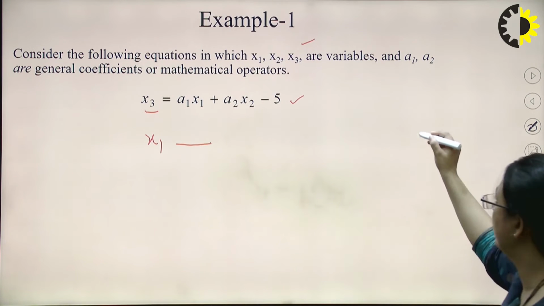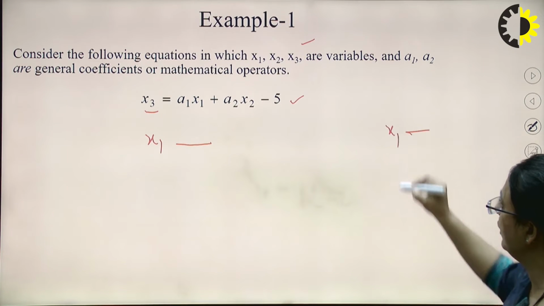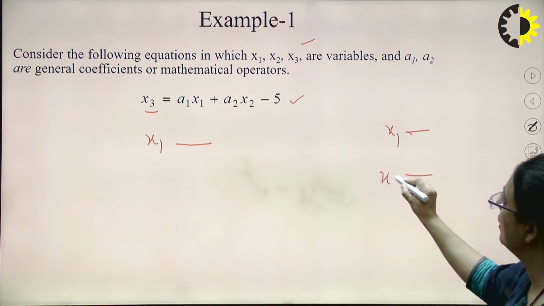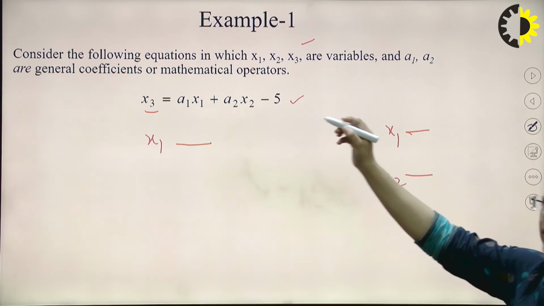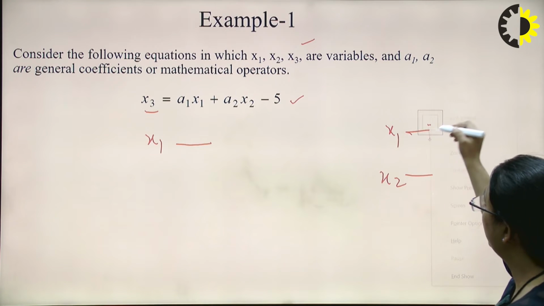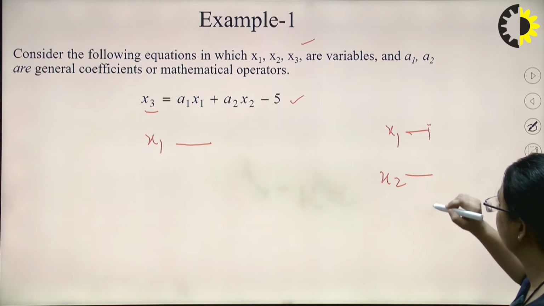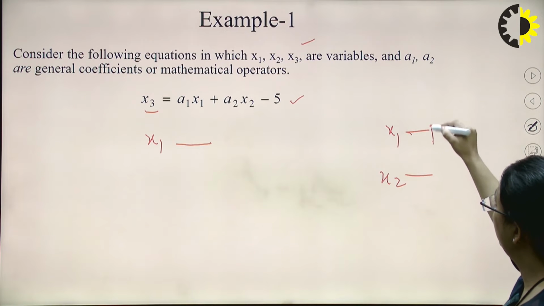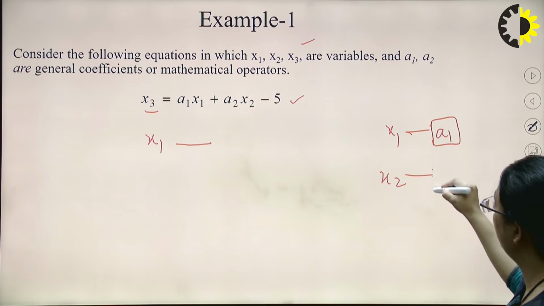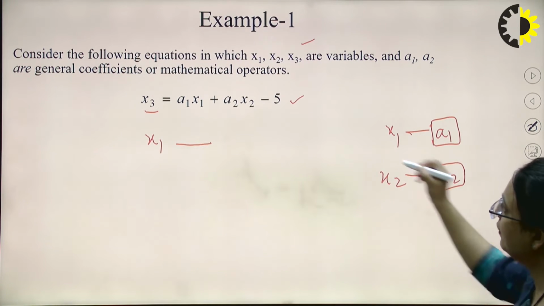X1 is one of the inputs, and we have another input as x2. We have a1 and a2 as the coefficients, and another is -5.